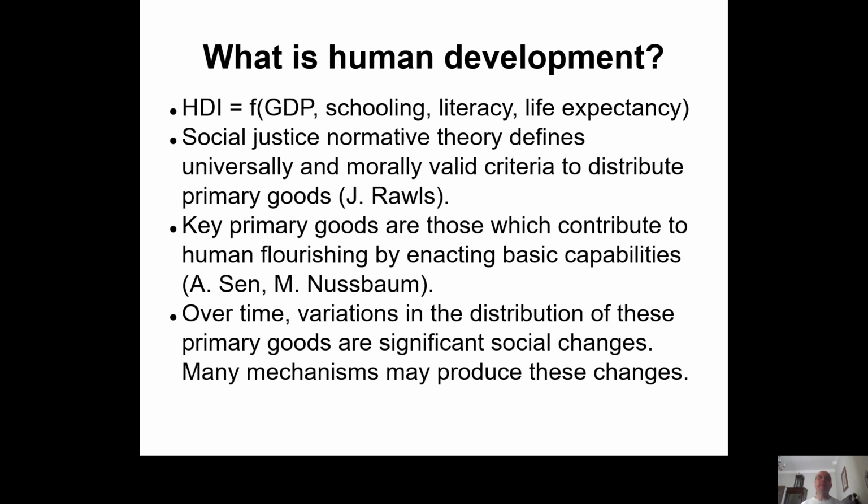One of them is schooling or enrollment rate, the percentage of children who actually attend school. Another one is literacy, the percentage of adult people who are able to write their own name. And the final one is life expectancy, which is basically the average age of the people who die in a country in a given year.